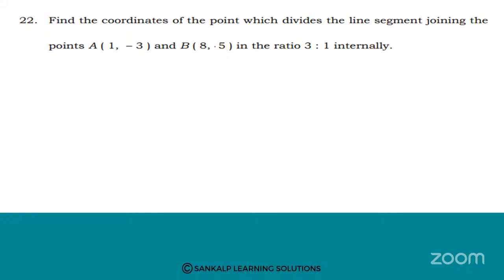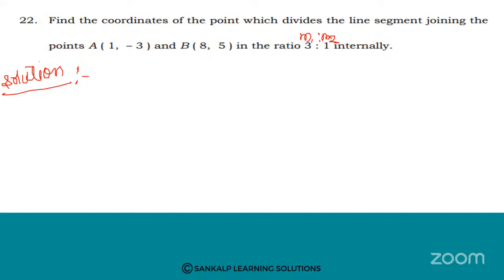Here we need to use the section formula. Why? Because here m1 is to m2 they have given, right? In the ratio they have given m1 is to m2, and also we know the values of A (x1, y1) and B (x2, y2). Yes. So what is the section formula? Solution.